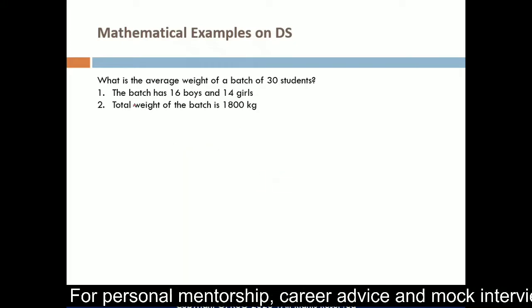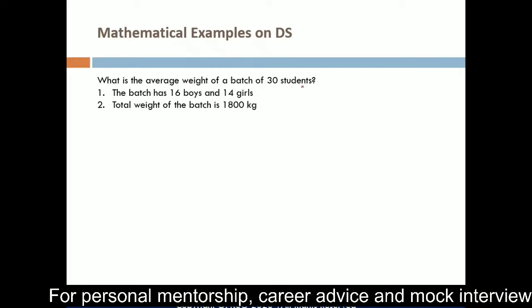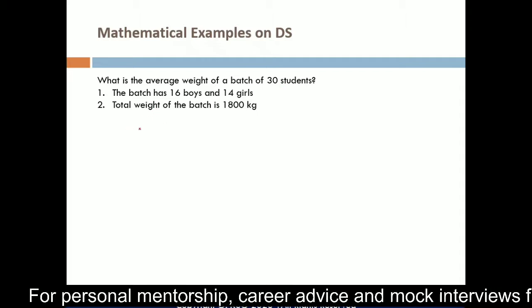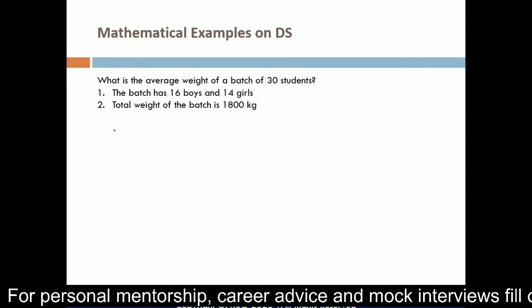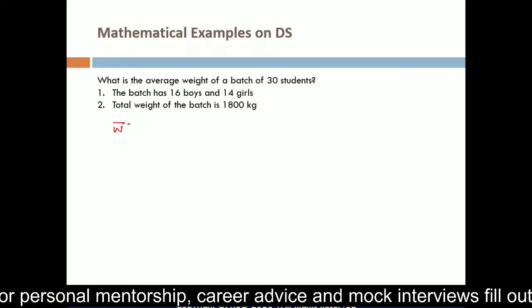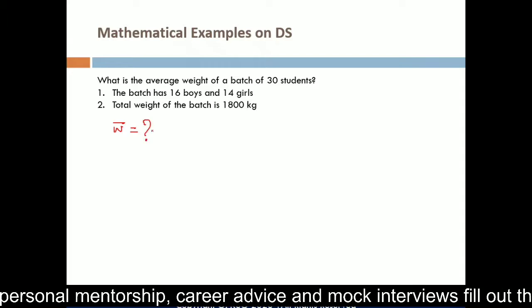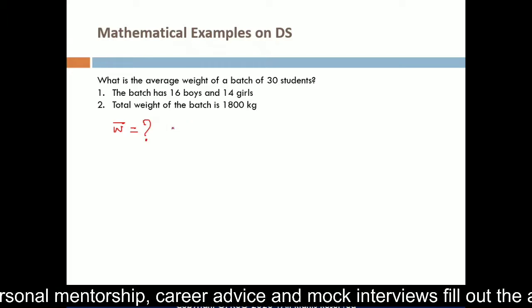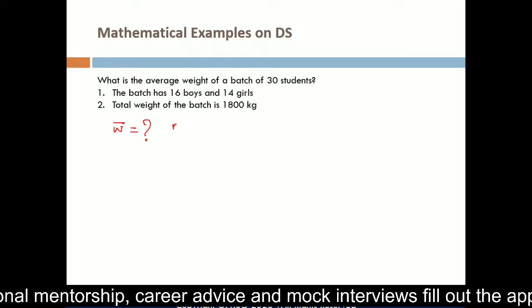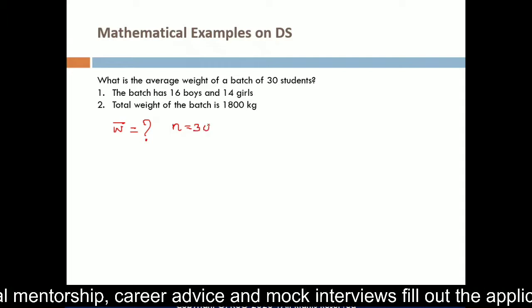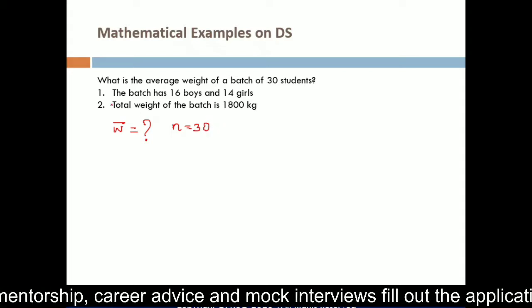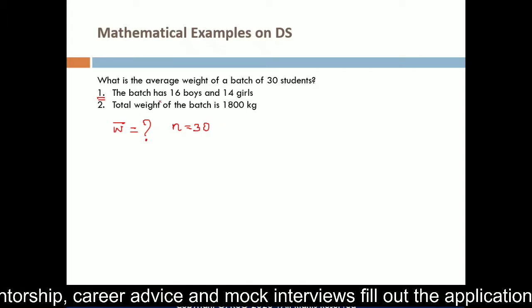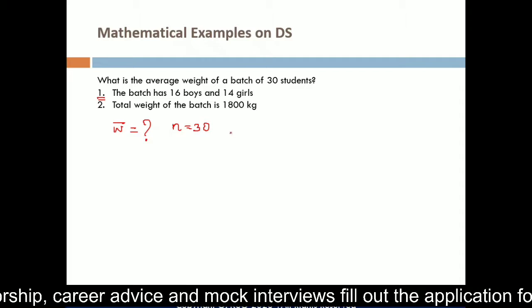Similarly, if we have this question where what is the average weight of a batch of 30 students is asked. So let the average weight be represented as W bar. This is the question. And what are the information pointers that we have in this problem? We have n equal to 30, and in the first case it's mentioned the batch has 16 boys and 14 girls.